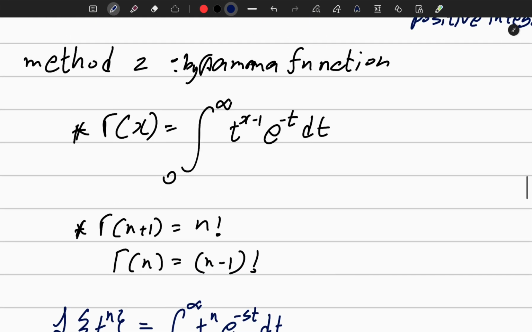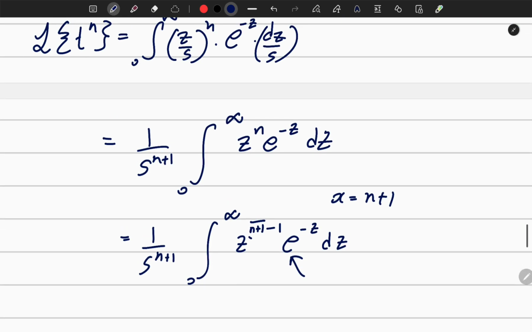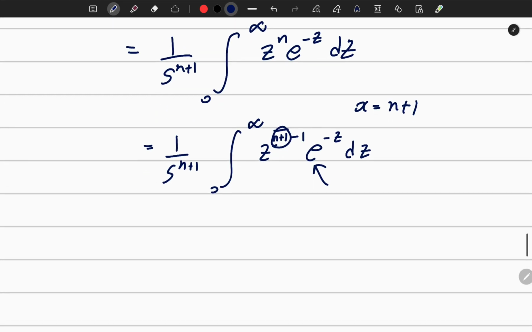When this is x, this is the gamma function of x. So I have here n plus 1. So this is the gamma function of n plus 1, right? I hope you guys understood, right?